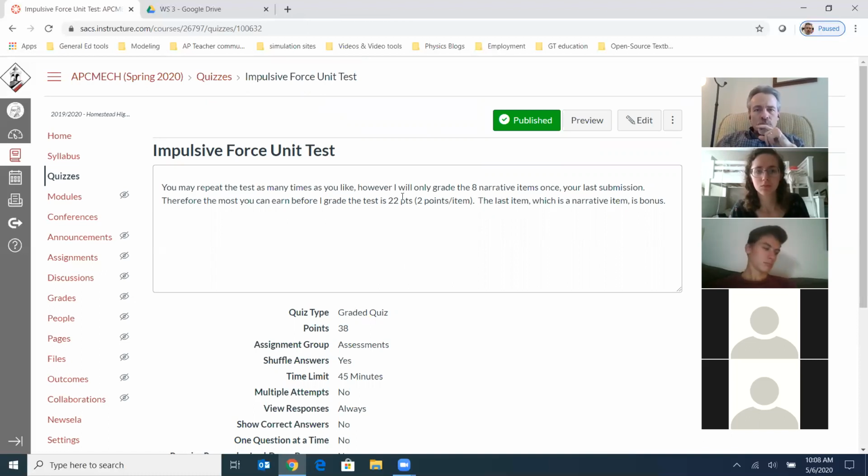So the multiple choice will grade right away, and you'll know what your score is. You could possibly get the computer score of 22, and if you're getting less than 22, I would say go ahead and take it again. But I'm not going to grade those narrative things until the very end, after everybody's done it. Any questions on that? I know that's a little confusing.